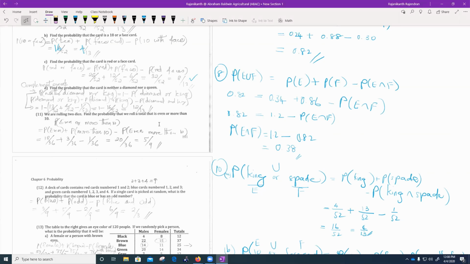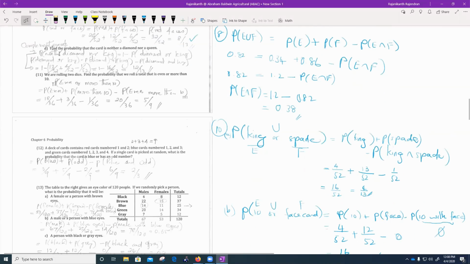Okay. So look at the last part of this problem. Find the probability that the card is neither a diamond nor a queen. Neither diamond nor king. If you look at this event, say this is event E, the complement of this event, neither, is going to be or.